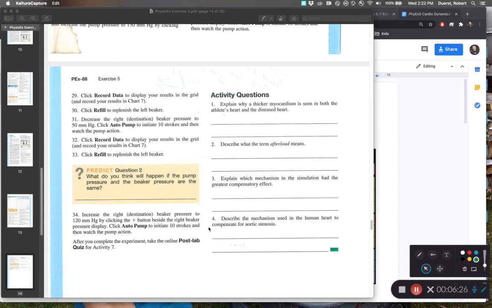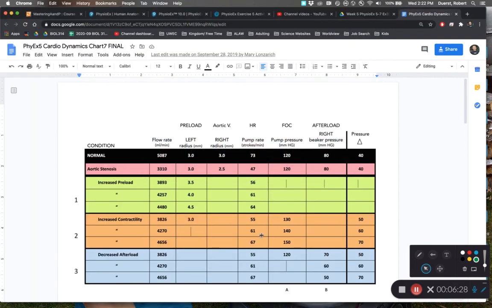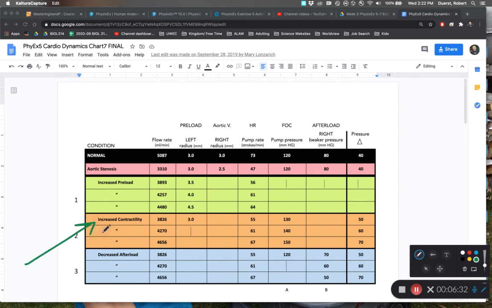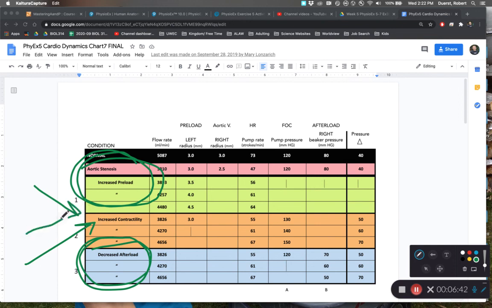So within a typical human heart, we're going to have an increase in contractility. Decreasing afterload happens outside of the human heart. Increasing preload also happens outside of the human heart. The only one that we talked about that happens within the human heart is the increased contractility.